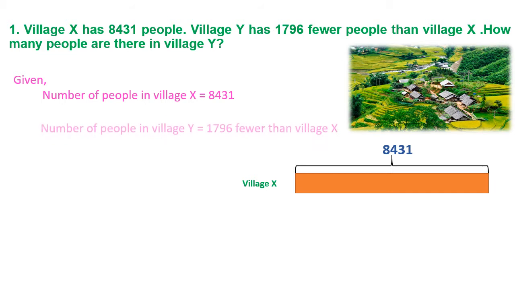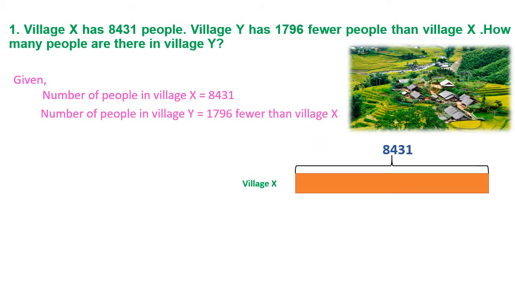Now the next information which is there is number of people in village Y is equal to 1796 fewer than village X. Now when we want to represent village Y through a bar diagram, that will be shorter than the bar of village X, like this, which is represented by yellow bar, and by exactly how much it is shorter, that also we know, that is 1796, right?